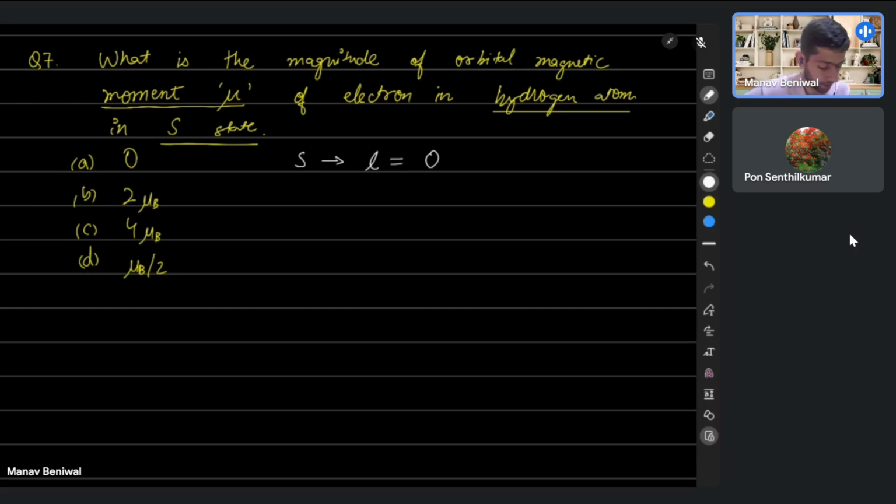Now this is zero. And now how do you find out the magnetic moment mu? Okay, so I'll give you one hint. If your L is the magnitude of your angular momentum, right? This is the magnitude of angular momentum. So your mu is given as mu b by h cut times this.